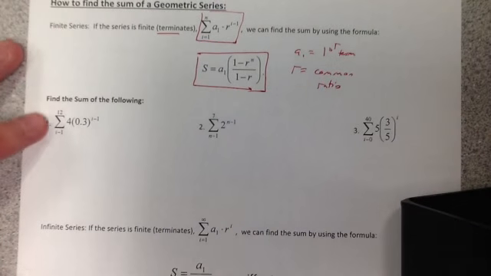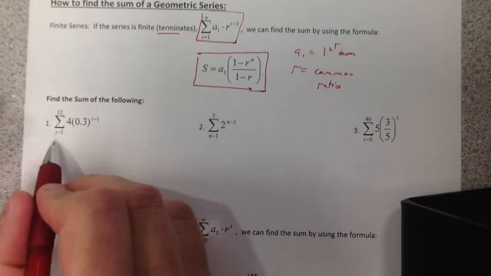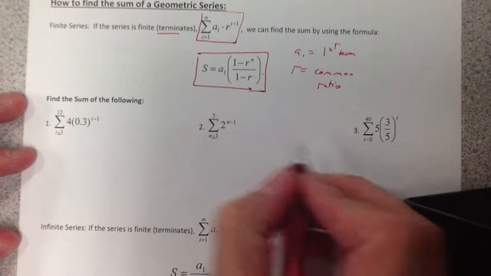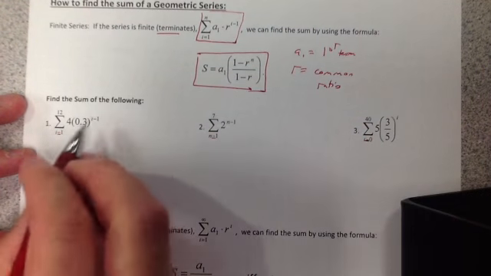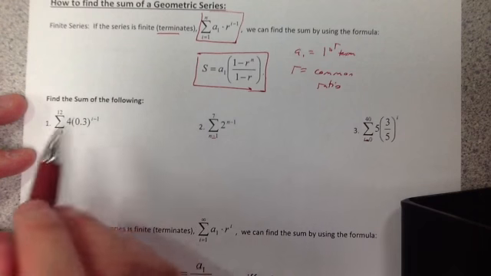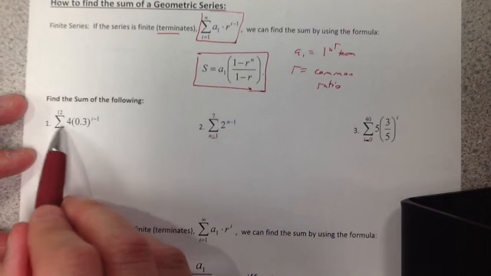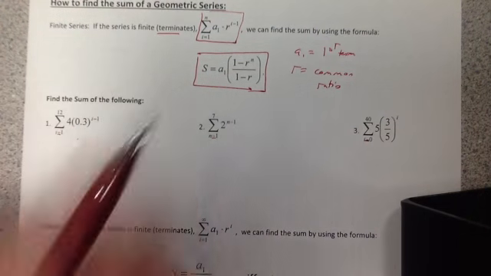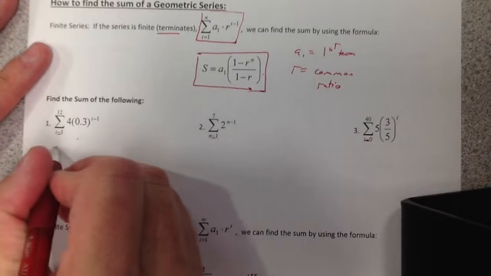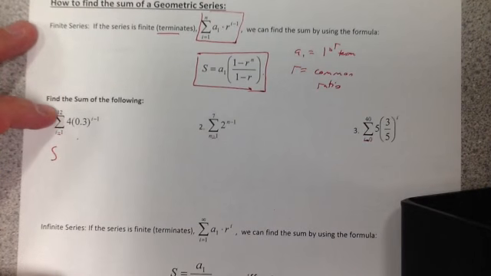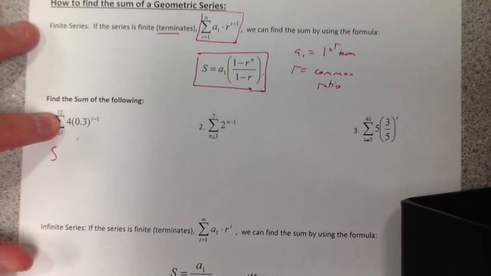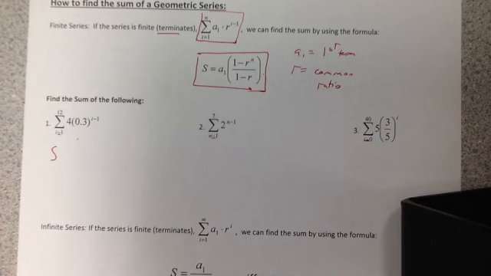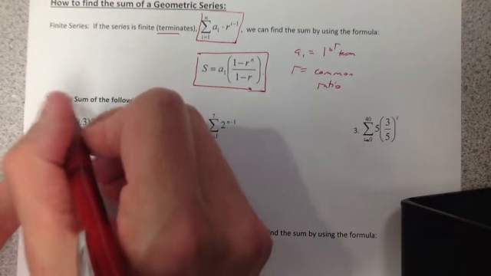And if we take a look at the first one here, number 1, we want to find the sum. Instead of listing out all 12 terms, we can just use our formula. Because this is already in the right form, it's already our geometric series.